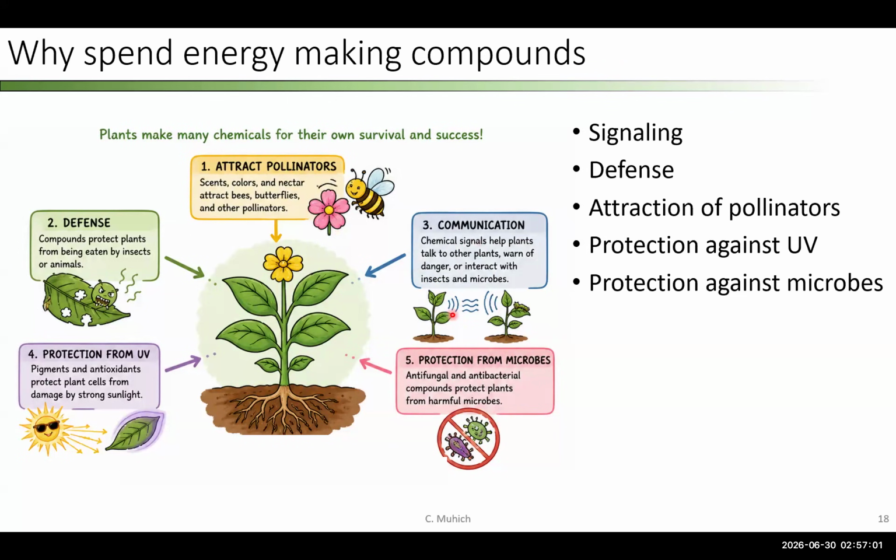And then the other major piece is in terms of defense. So this can be defense, prevention of being eaten by insects and animals, protection from microbes. So we get a lot of antifungal, antibacterial compounds, and protection from UV light. So even just like animals, plants can get sunburns. And so they want to be protected from UV light, even though they need light to undergo photosynthesis.